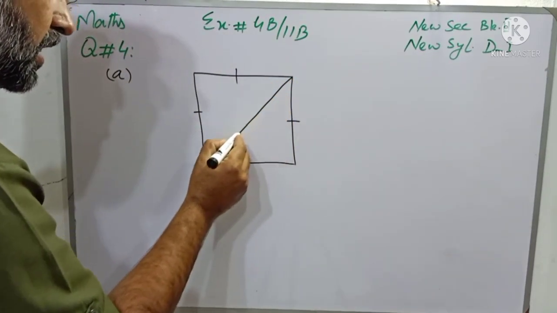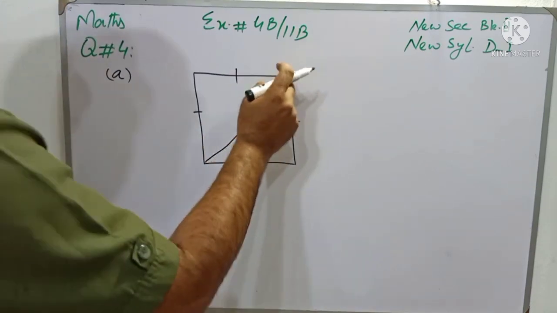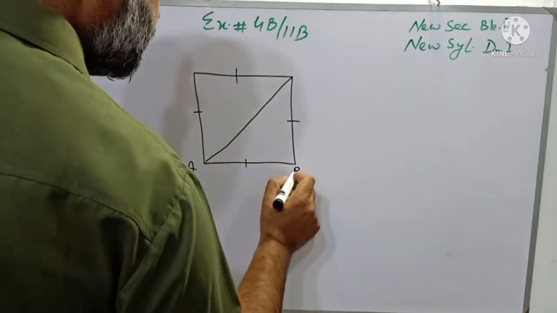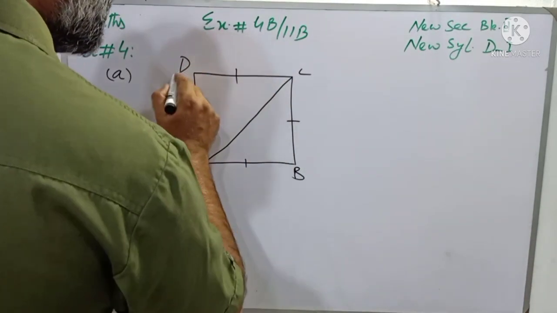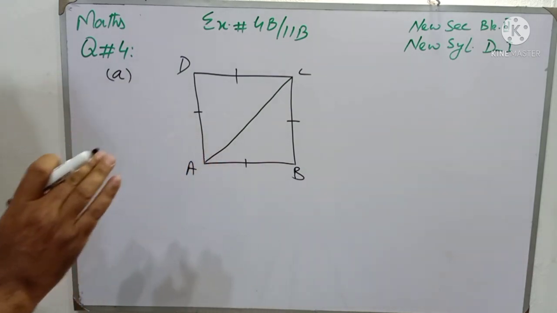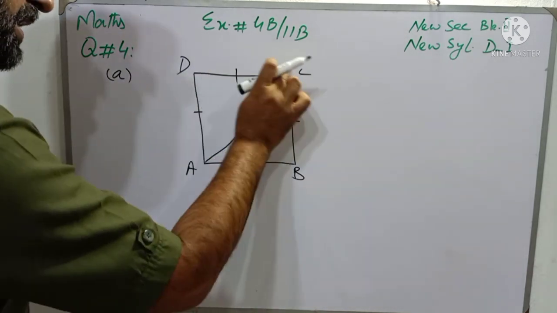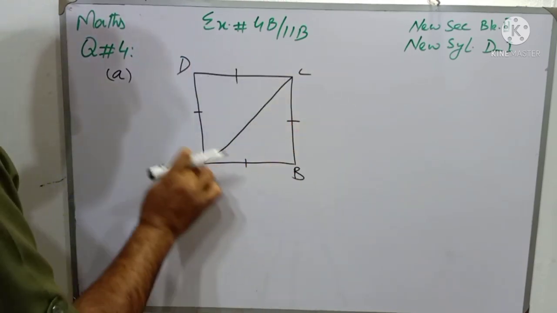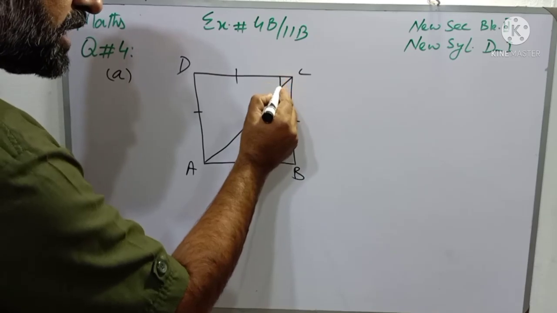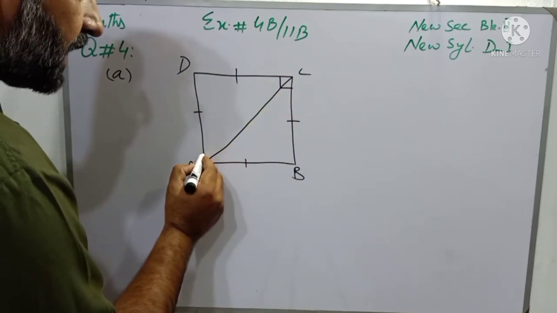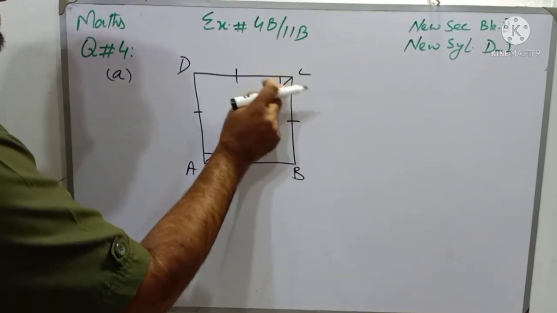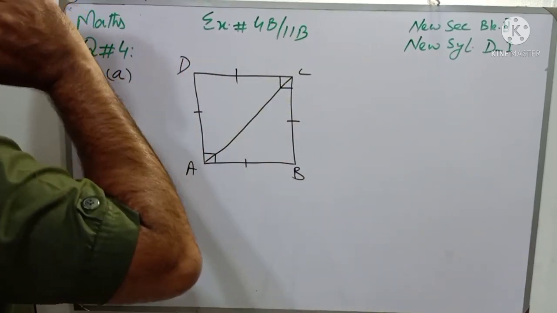Suppose I draw a diagonal from this corner to this corner, and this diagonal is bisecting angle C and angle A. So students, as I have told you, in a square all angles are right angles and the diagonal bisects the angle. So angle C is a right angle as well as angle A, and diagonal AC is bisecting the angles.